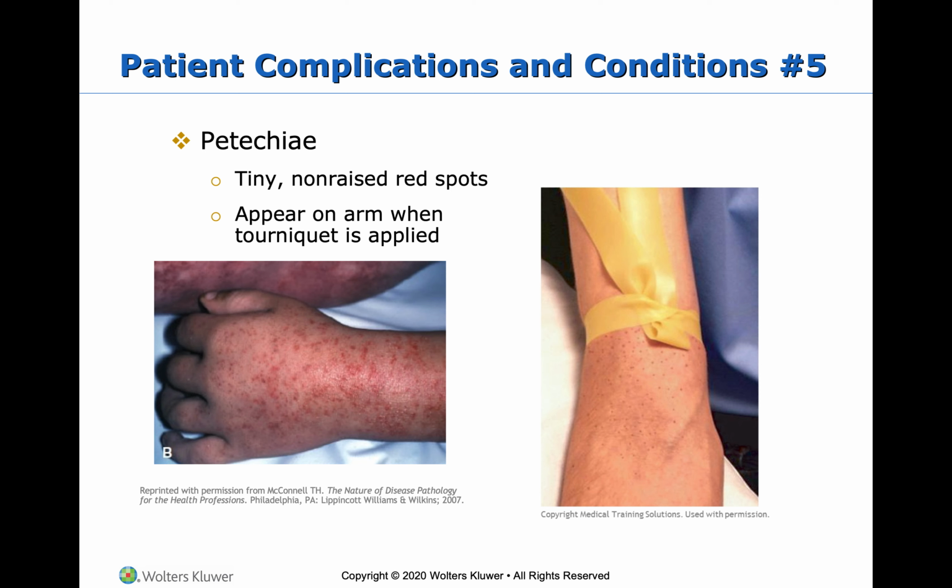Basically, it's blood escaping weak capillary walls when the capillary walls are under pressure, and this could be due to certain medications or an underlying medical condition. So if you see that, don't be alarmed. It's nothing that you're doing wrong. You don't need to discontinue your draw. Just be aware of this condition.